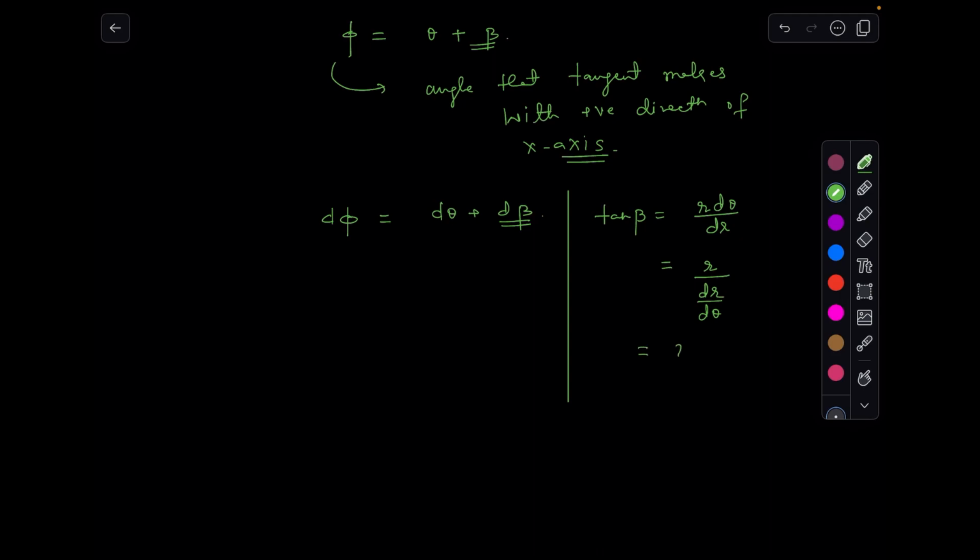So it will become r by r dot, where r dot is equal to dr by d theta.